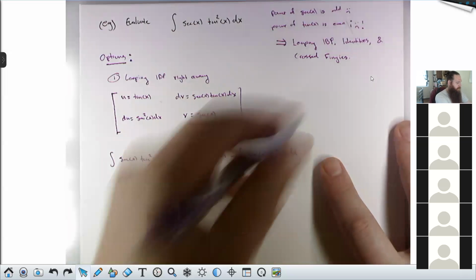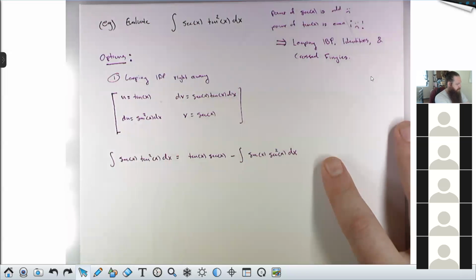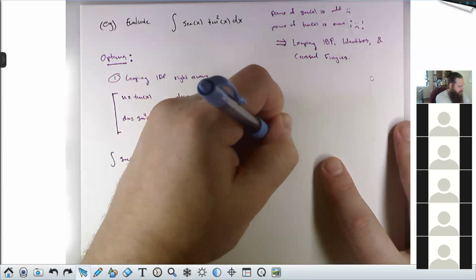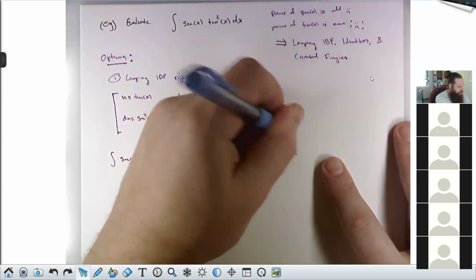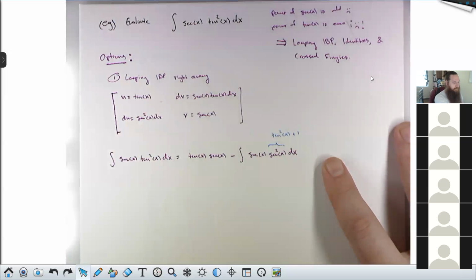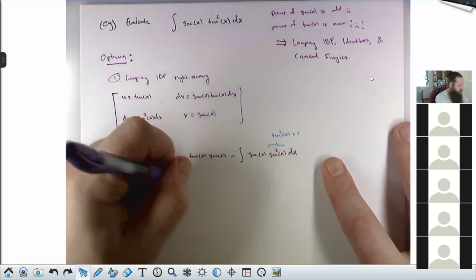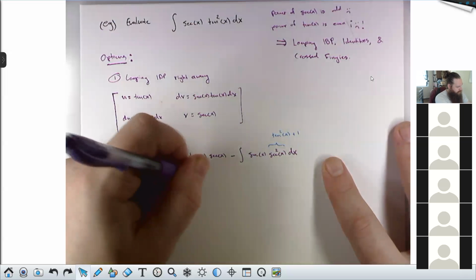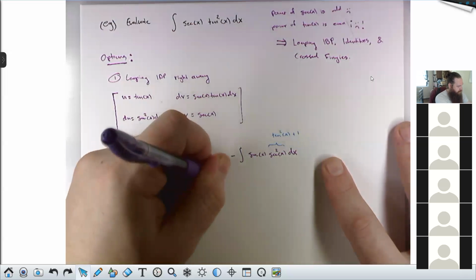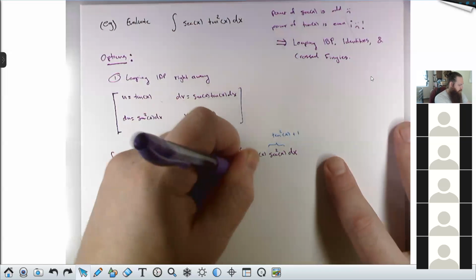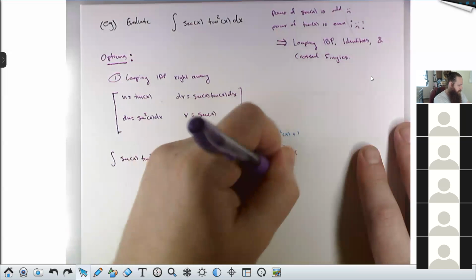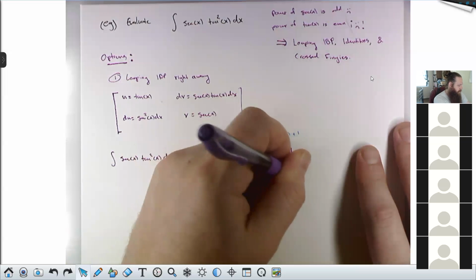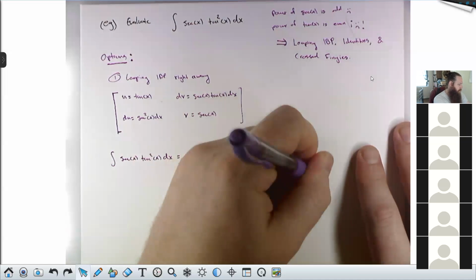And now I can take this secant squared and say, okay, secant squared, that's the same as tan squared x plus 1 by the Pythagorean identity, the second Pythagorean identity. And we get tangent of x times secant of x minus the integral of secant of x times parentheses tan squared x plus 1 dx.